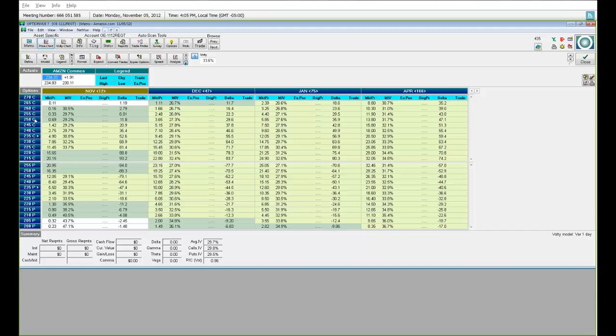See the C after that? Those are calls. Below this line are the puts. These are people who think Amazon's going to go down. Now, I'm oversimplifying this for you guys, okay? So people who buy calls think it's going up. The guys who buy puts think it's going down.